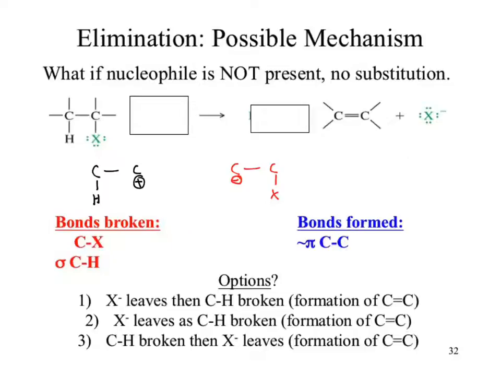Is carbon-hydrogen an easy bond to break? No. Is carbon X an easy bond to break? Why is carbon X an easier bond to break? There's a difference in electronegativity. So to break that carbon-hydrogen bond, I am breaking the strongest bond I have accessible. And I'm breaking that bond first. That doesn't really resonate well.